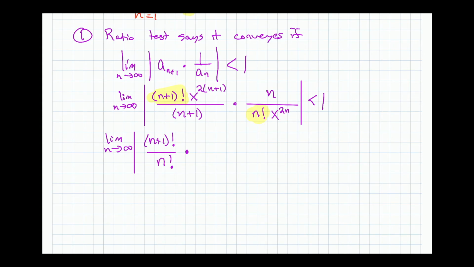Then I've got x to the 2 times (n plus 1), which I'm going to write as x to the 2n plus 2, over x to the 2n. And then we've got an n and an n plus 1, which is not going to be a hard limit.